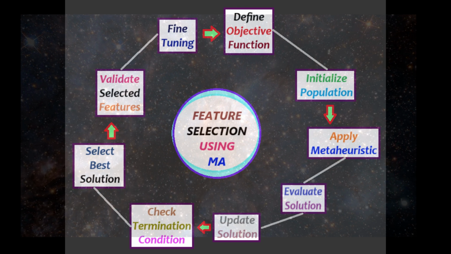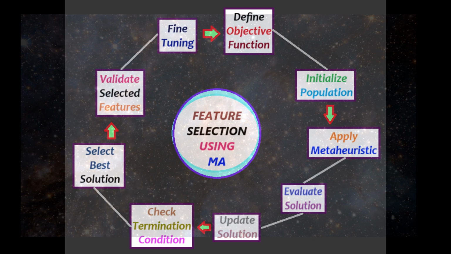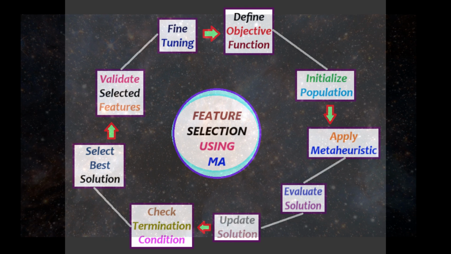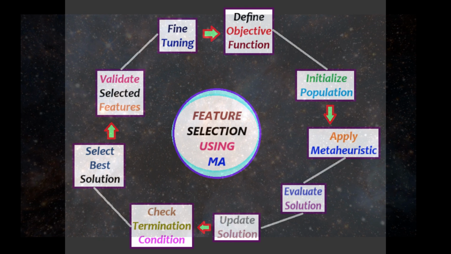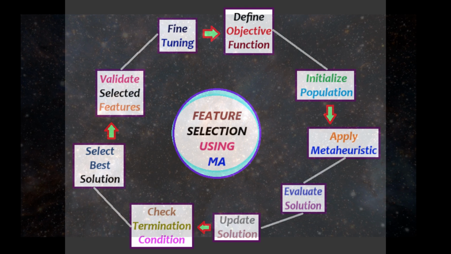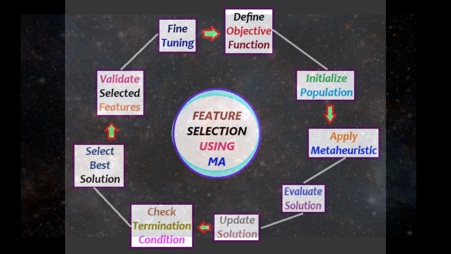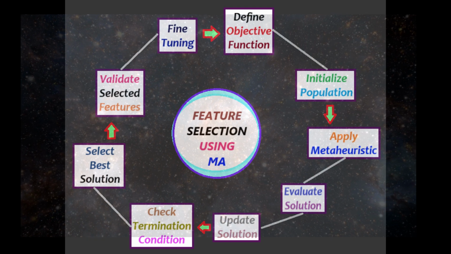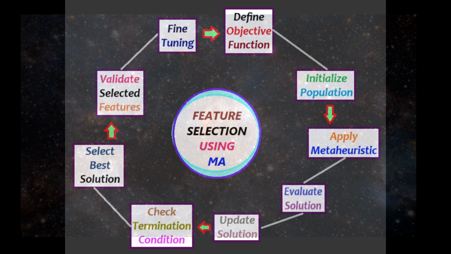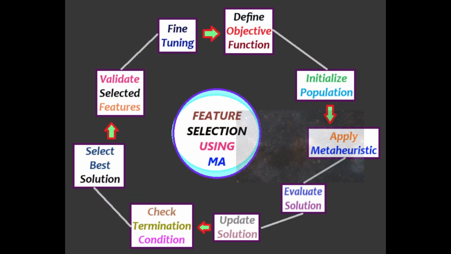When the stopping condition is met, we select the best feature subset found during the optimization process based on the objective function values. After that, we validate the selected feature subset, using either a separate validation dataset or cross validation, to ensure its performance.